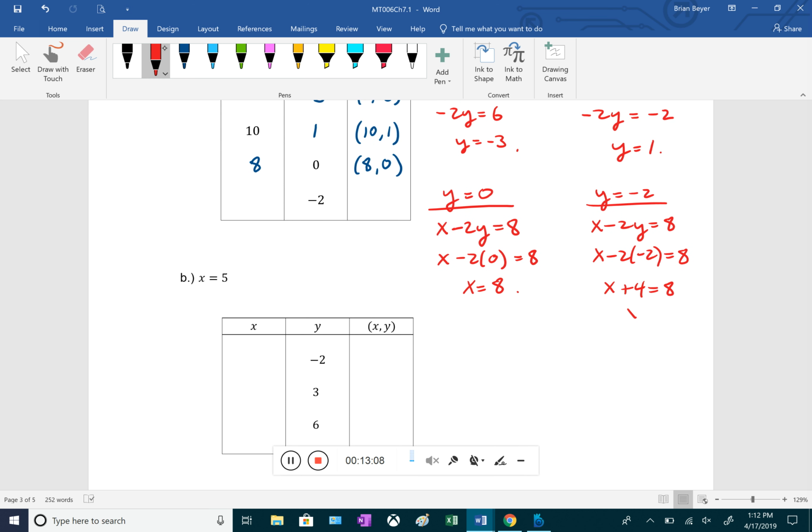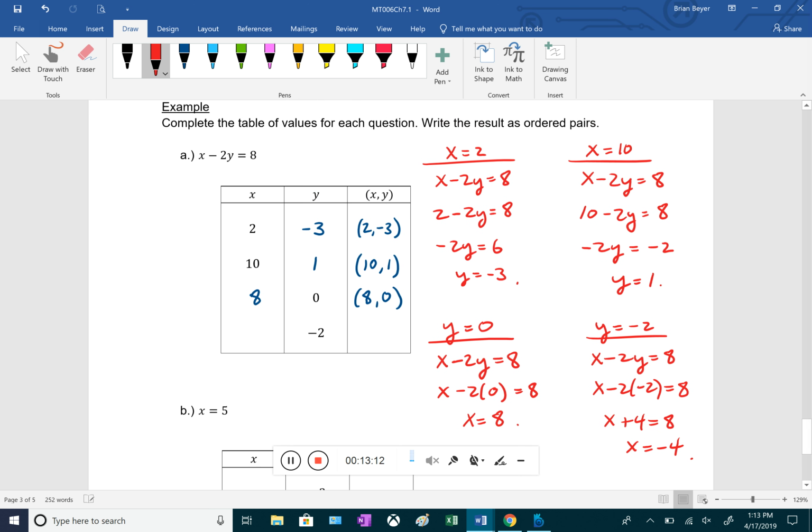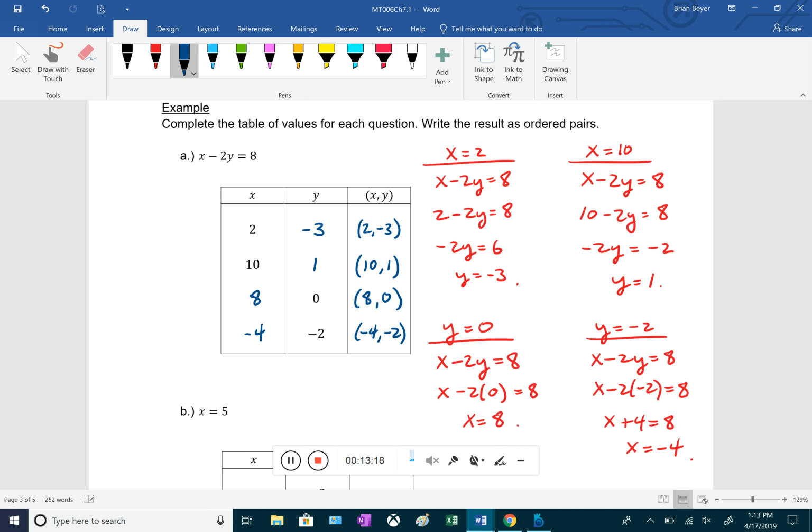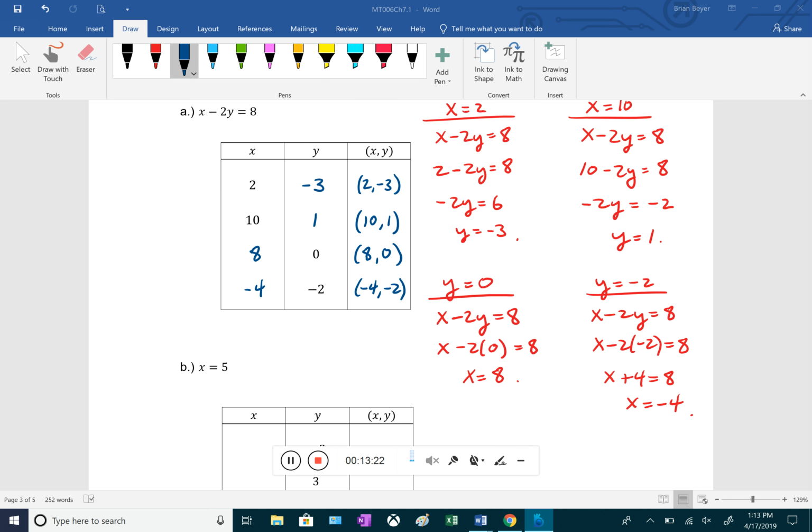Subtract 4 on both sides, we get x equals negative 4. So that's going to be the x coordinate here, and the ordered pair is negative 4, negative 2 for those values. Okay, so pretty much the same concept that we already did, but we're just creating a table of these randomly chosen x and y values.